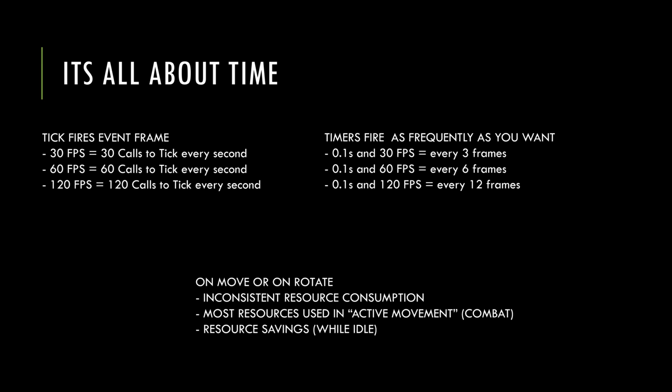The issue with this approach is, one, it's an inconsistent resource consumption, so it makes benchmarking and performance tuning a little more difficult, because depending on how rapidly I move the mouse around or the keyboard, I'll get different consumption rates, and that could lead to lag and choppy resource consumption.